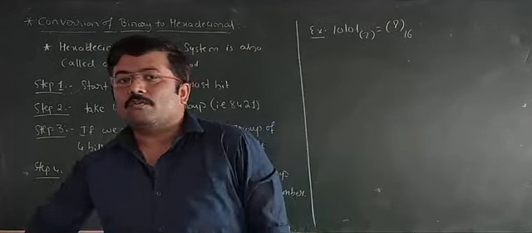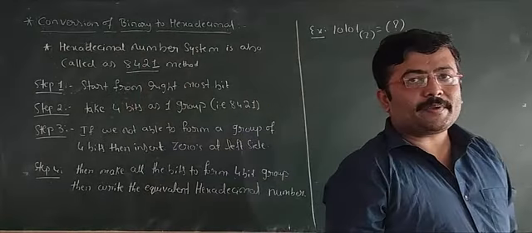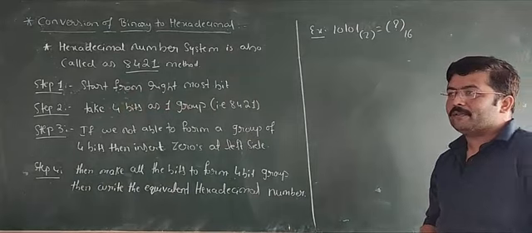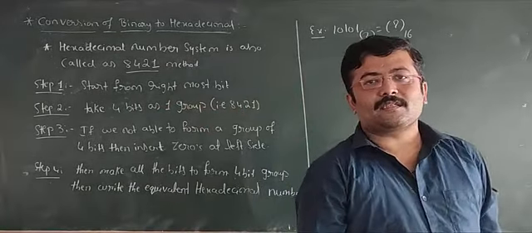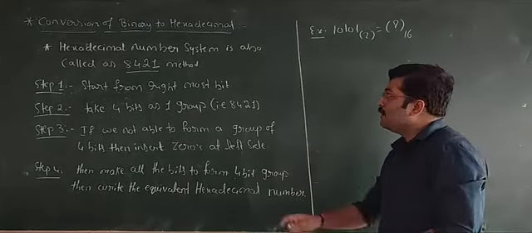We already know that the octal number system is called the 4 2 1 method, and hexadecimal is called the 8 4 2 1 method.